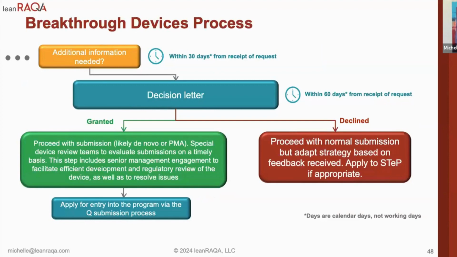Then within 60 days, they are supposed to make a decision on if your device meets the criteria of either program. If it's granted, you move through your submission process and you go on, but with the special tools that you get through one of these programs. If it's denied, you can apply for STEP, or you can just move through your submission strategy like you would have without having this program.